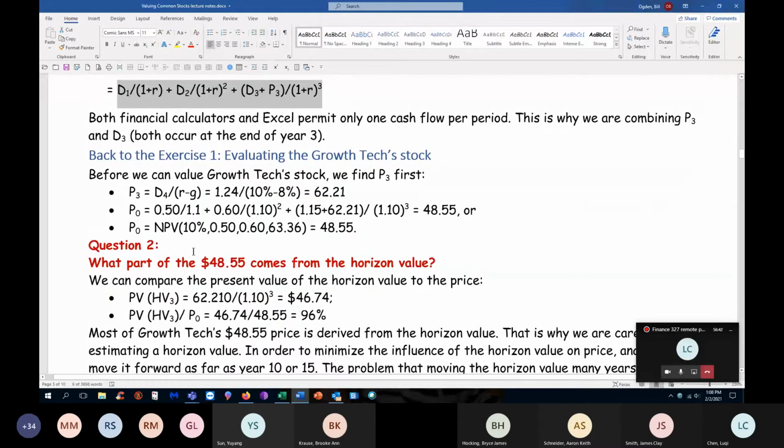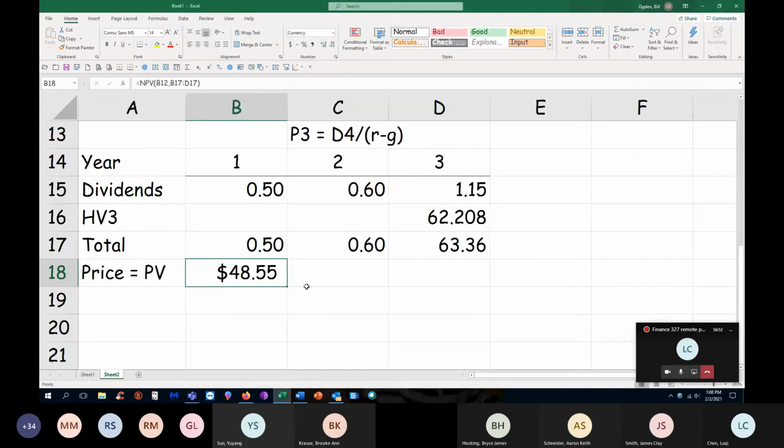All right. What part of the 48.55 comes from the horizon value? If we're valuing this stock, what part of what we're calling the price by this model, 48.55, comes from this horizon value? So let's just calculate it.